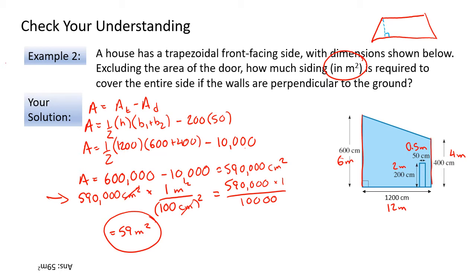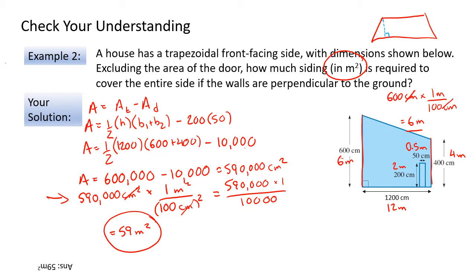And the way I did that was I just took 600 centimeters, let's say I do the first one, times, for 1 meter, there's 100 centimeters. So in other words, you end up dividing by 100. So the centimeters cancel, and you're left with 600 times 1 is 600, divided by 100, or in other words, 6 meters. Okay?